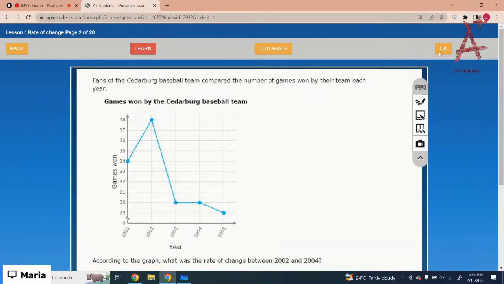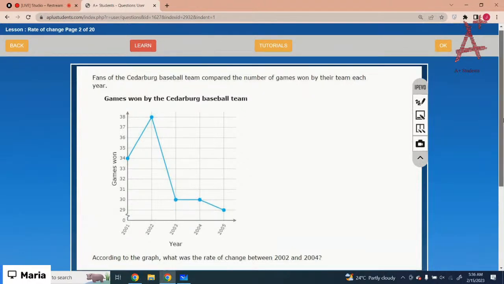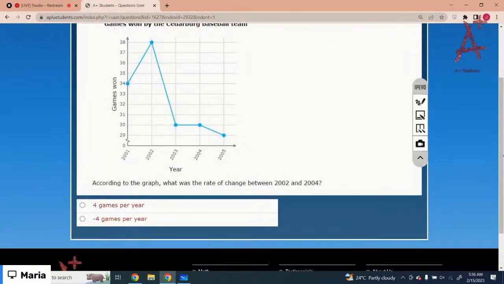Okay, just look at this one. Fans of the Cadetburg baseball team compare the number of games won by their team each year. According to the graph, what was the rate of change between 2002 and 2004? So in 2002 it is 38, and in 2004 it is 30.